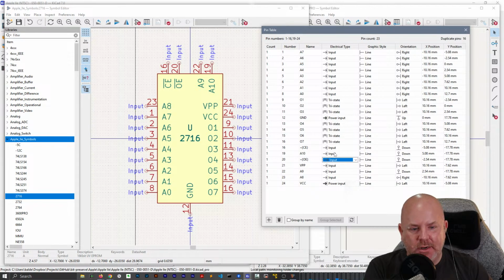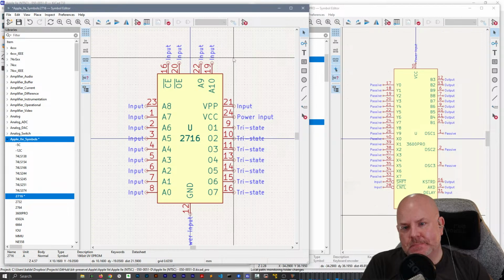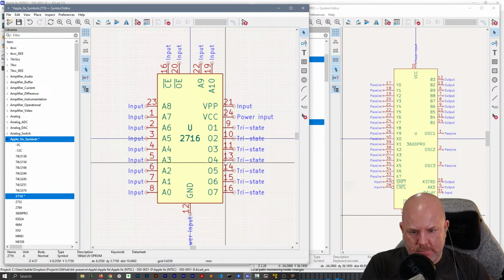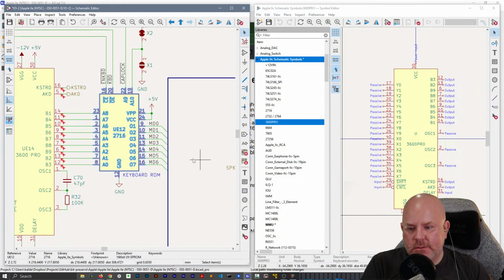Anyway, output enable, chip enable, and then all the address lines. Okay. That looks good to me. Okay. Let's move on.